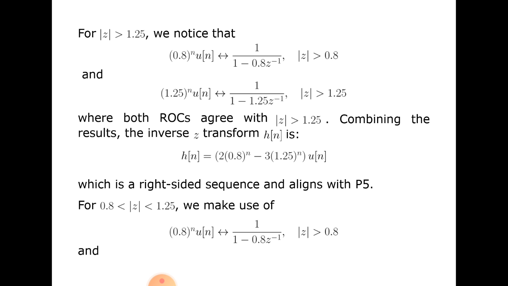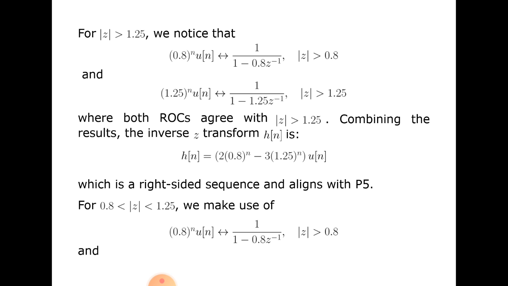Both ROCs agree with modulus of z greater than 1.25. Combining the results, the inverse z transform h[n] is equal to (2 times 0.8^n minus 3 times 1.25^n) u[n], which is a right-sided sequence and aligns with P5.